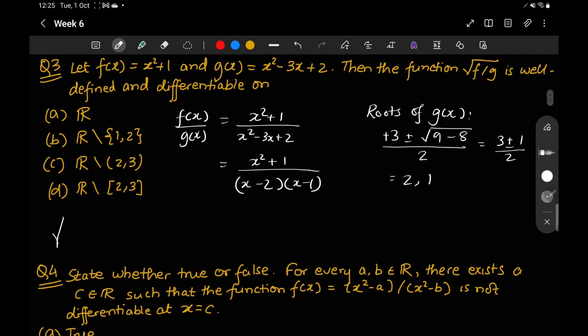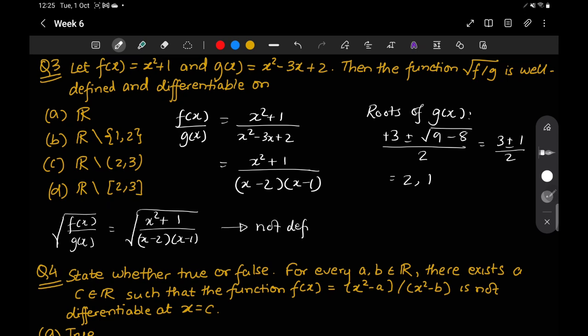Now square root of f by g, this function is square root of x squared plus 1 over x minus 2 times x minus 1, and clearly this is not defined at x equals 1 and 2, and it is defined everywhere else.